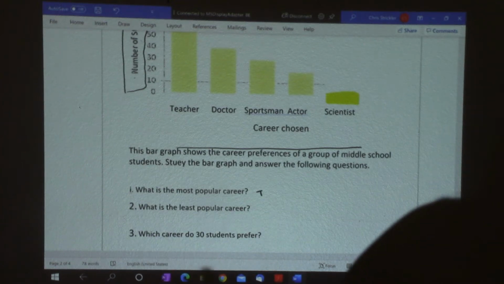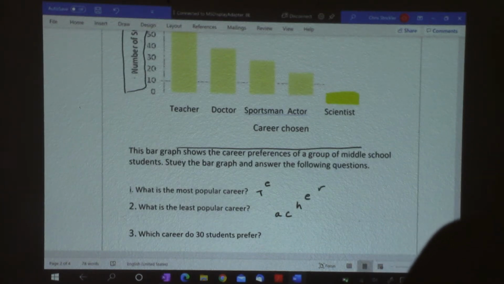Well, does that end up in the right place? That only went down one. Sure. This is hilarious. Okay, well, if you can read that, I think you're in a good place. T-E-A-C-H-E-R. I know how to spell.